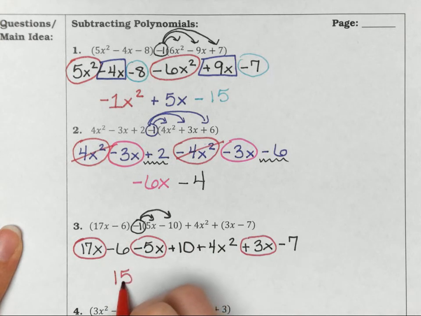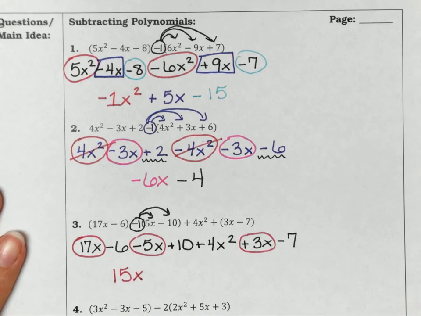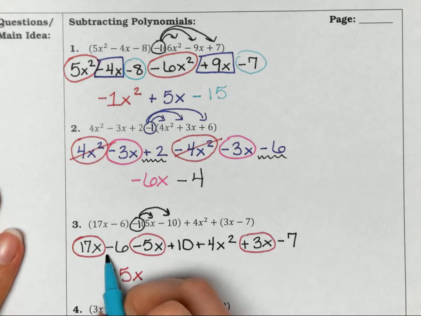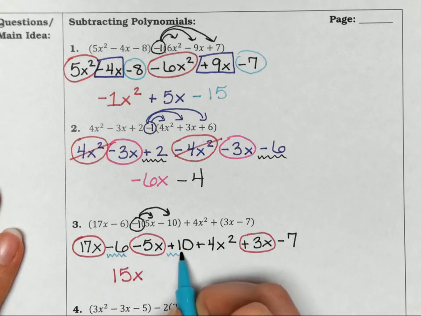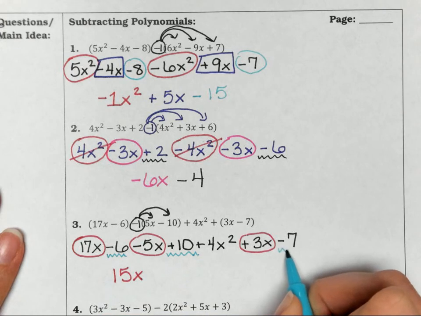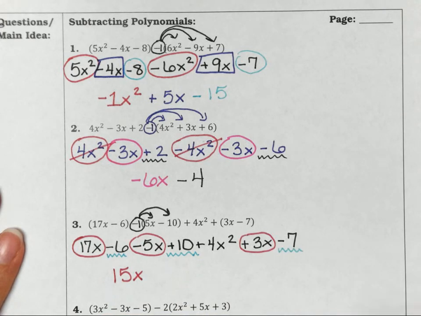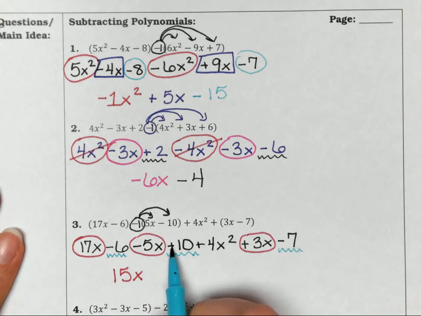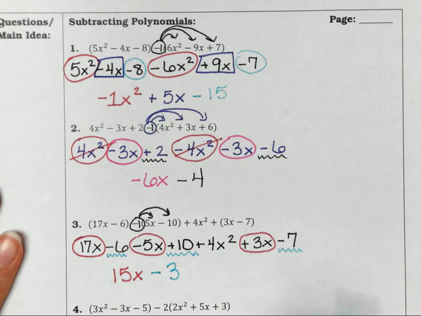So 15x. And then I have negative 6 plus 10 minus 7. So negative 6 plus 10 is 4. 4 minus 7 is negative 3.